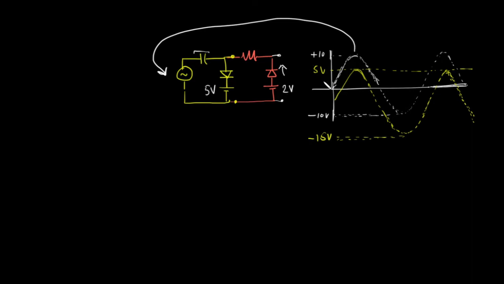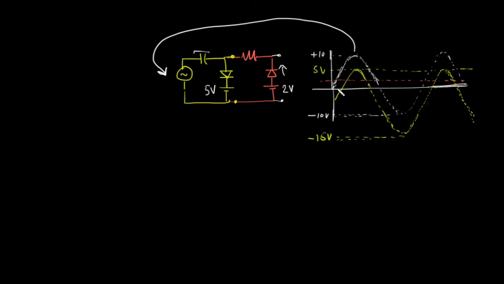Suppose this is the 2 volt level. Okay, so all voltages above 2 volt will pass and all voltages below 2 volt will be clipped.